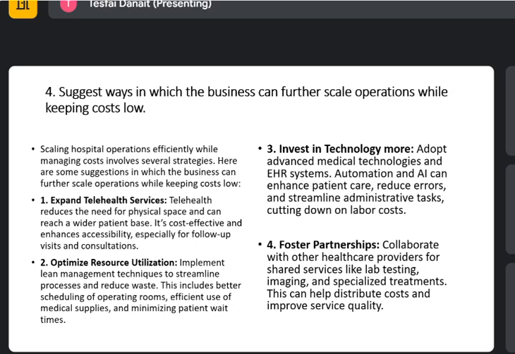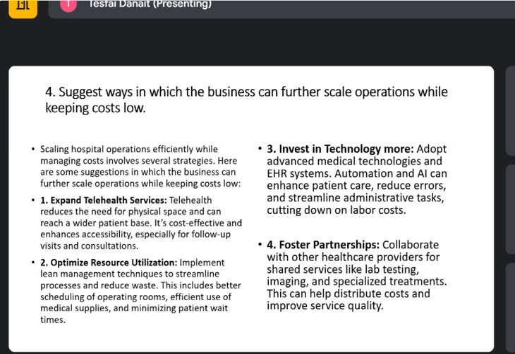Lean management is one of the techniques that we use in order to reduce waste and use the available resources efficiently. Using the lean management technique is also very helpful in reducing cost and avoiding unnecessary costs.